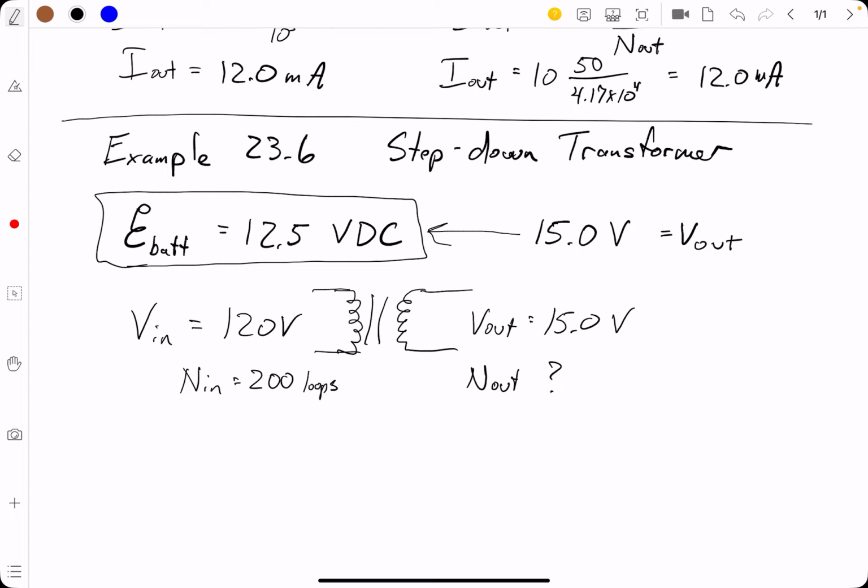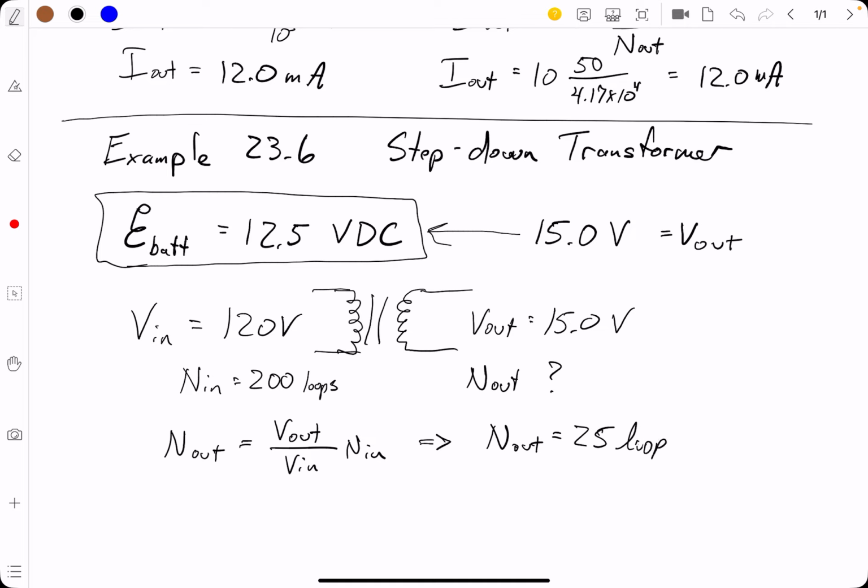These things are so easy. You'll never have relationships that are so easy. N out equals V out over V in times N in. Cake and pie, baby. N out equals 25 loops.